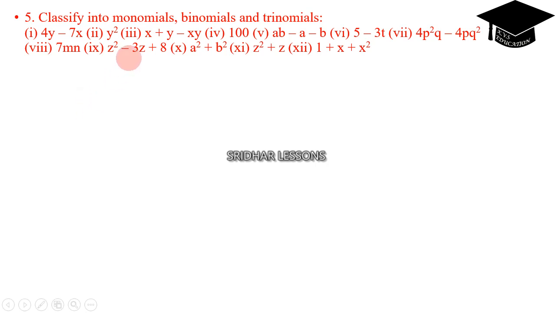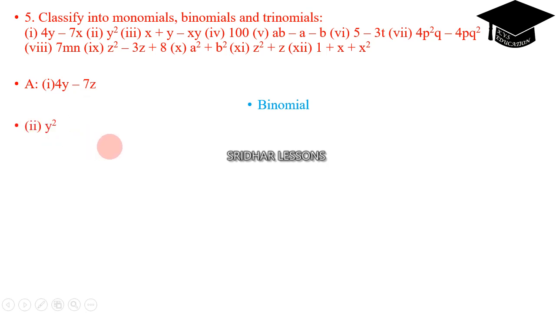For a binomial we have two terms, and for trinomials we have three terms. First one, 4y minus z. It is very clear it is a binomial because it has two terms separated with the operation minus.